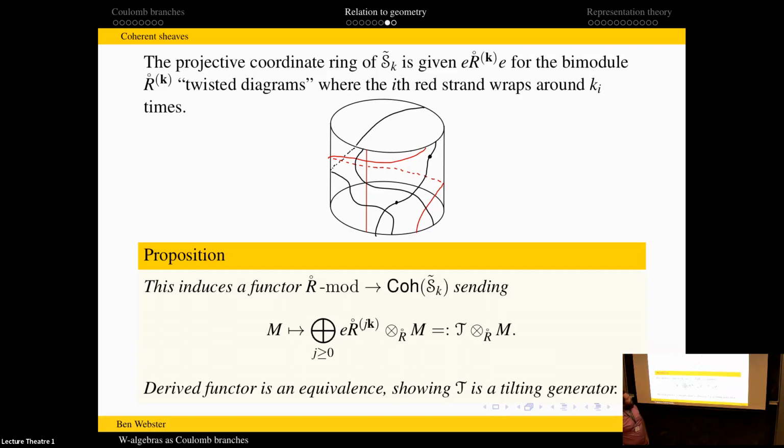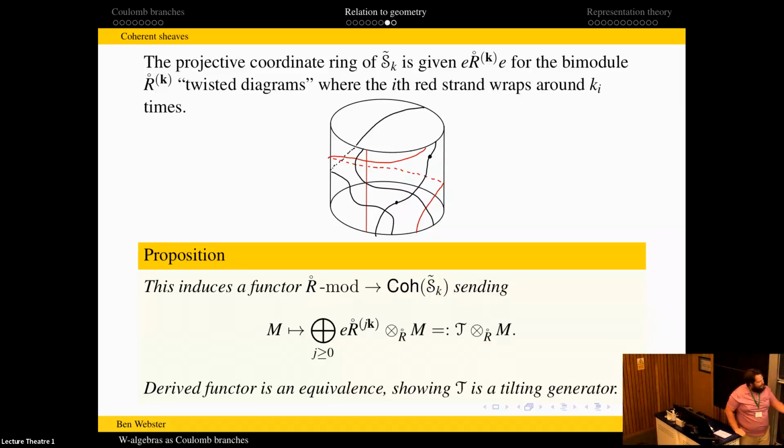Basically, if I'm going to take the Proj, I have to pick some ample line bundle, and choosing that ample line bundle says, for every one of these strands, I decide a number of times it wraps around the cylinder. The first power of my line bundle is going to be wrapping around that many times, the second power twice as many times for each one of them, the third power 3 times as many times.